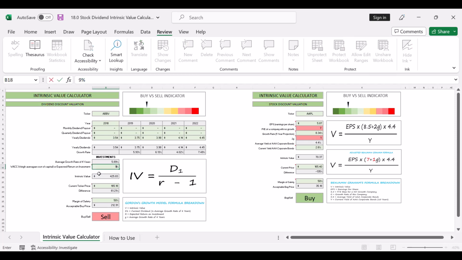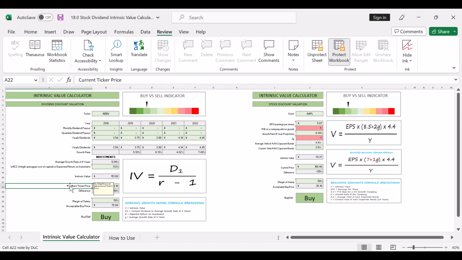So let's go back, we're going to put 9% here. As you can see, we're expecting a growth rate of 9%. So the intrinsic value of this ABBV is $151, and the current price, again, you can get this information from Yahoo, is $165.18. So there's a difference of about 8-9%.